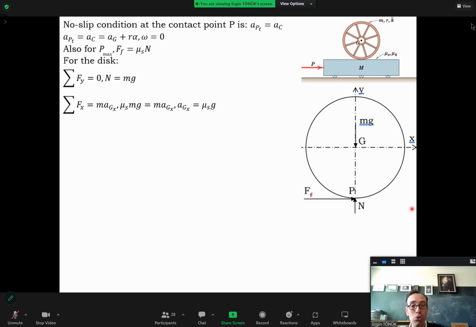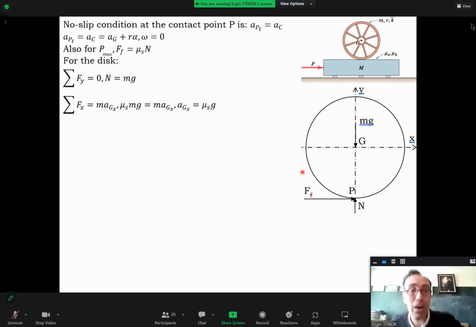When you push the cart underneath this wheel, what's going to happen? That's my wheel, that's the cart. The wheel, because of its mass, will remain stationary. The cart would move forward. Am I right? So the friction force on the cart is trying to prevent this. The reaction would be in this direction, okay?